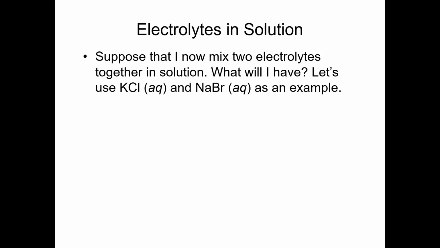When I dissolve a mole of potassium chloride in water, I get a mole of potassium ions and a mole of chloride ions, and they are separate from each other in solution. If I then add to that a mole of sodium bromide and it dissolves, I get a mole of bromide ions and a mole of sodium ions.